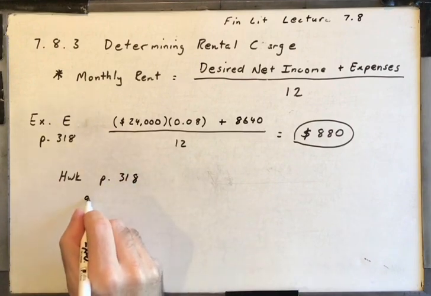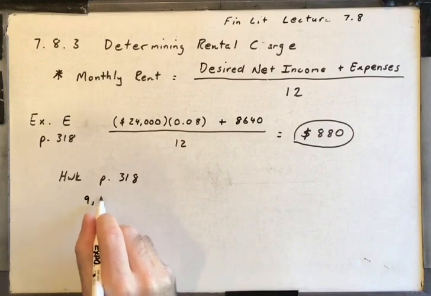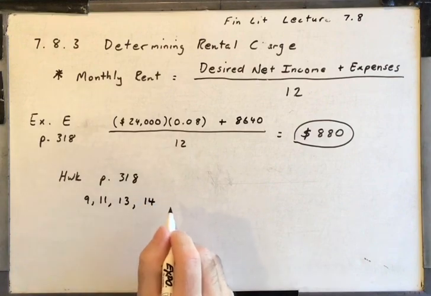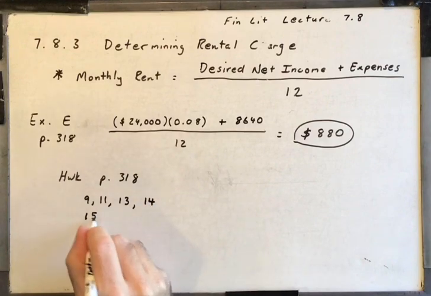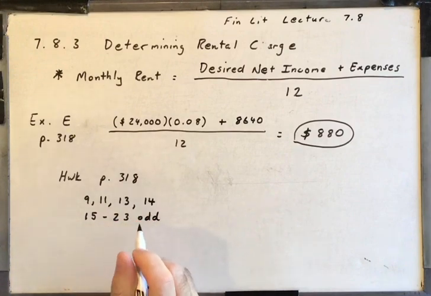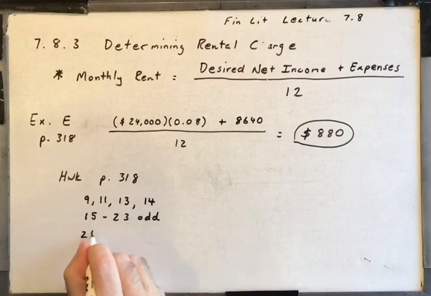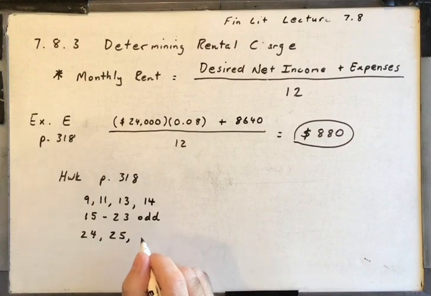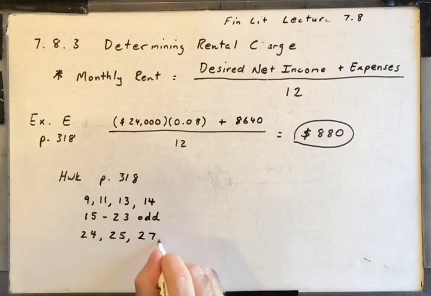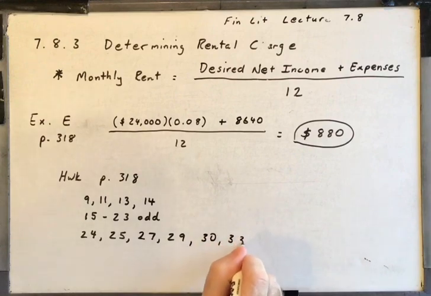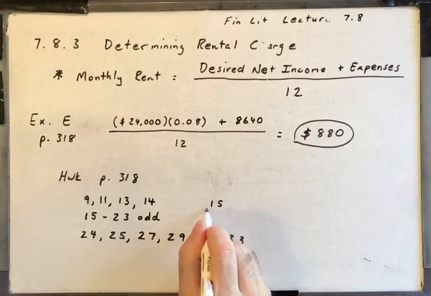And you need to do 9, 11, 13, 14, 15 through 23 odd, 24, 25, 27, 29, 30, and 33. So that's a total of 15 problems.